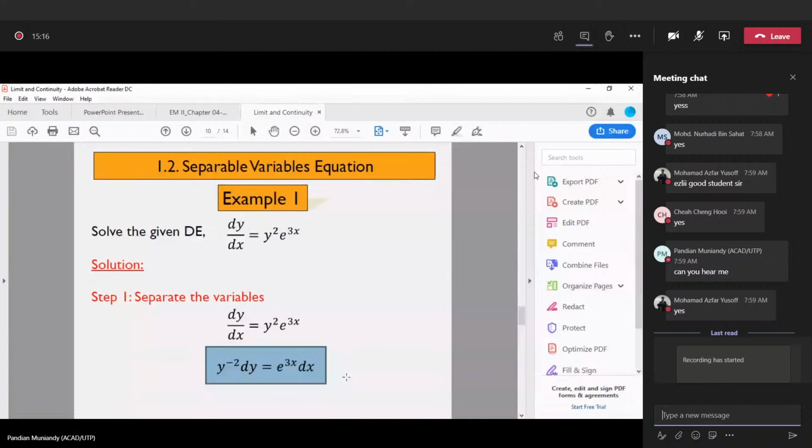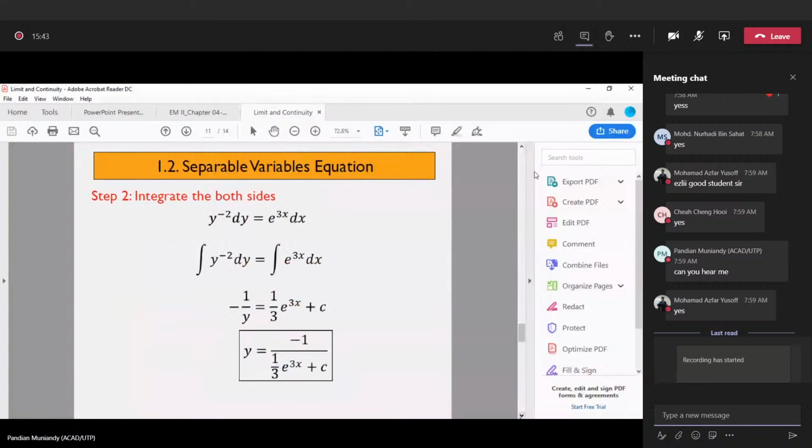If not that, then you move to Bernoulli. So you have 4 different forms: separable, linear, exact and non-exact together, and the last one is Bernoulli. In this case, this is separable. So once you separate the y term and x term to each side, then you can integrate.